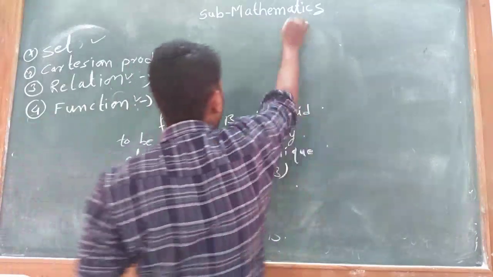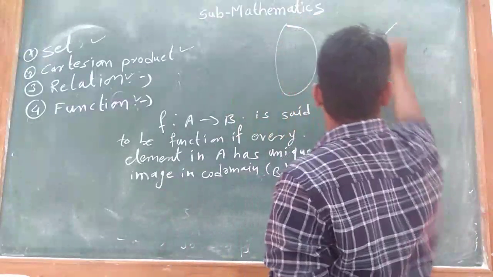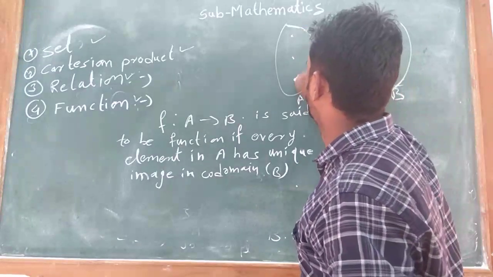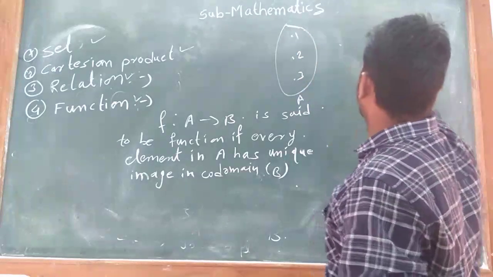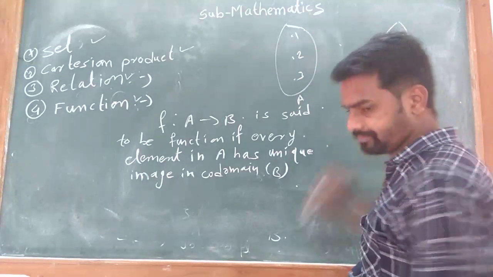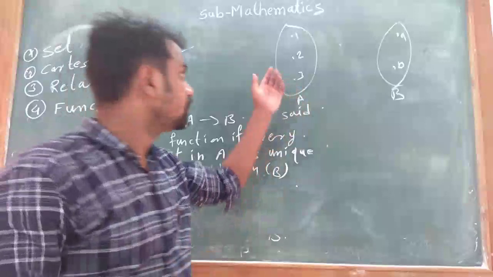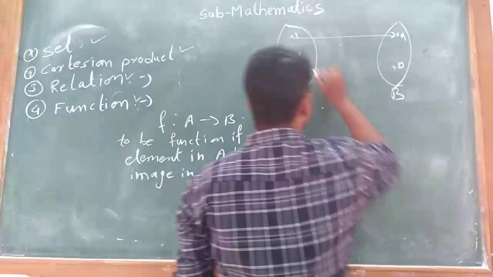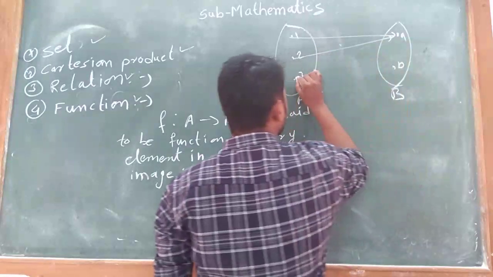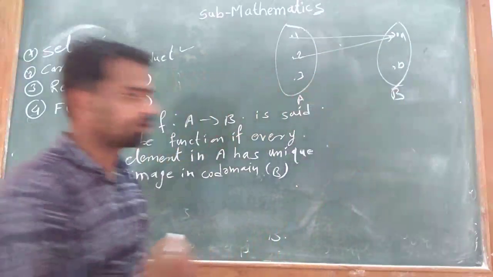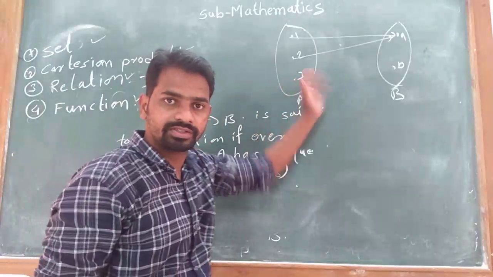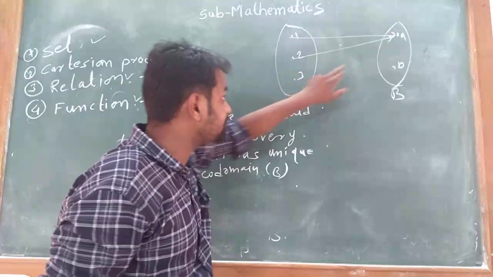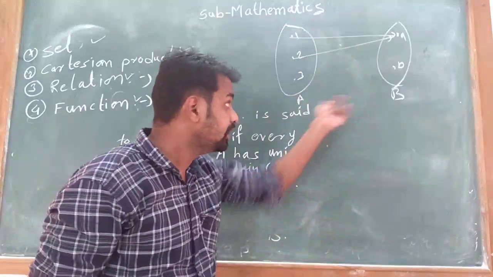It means that by way of a diagram we see set A and set B, 1, 2, 3, A and B. If 1 goes to A, 2 goes to A, and 3 is not going, this is not a function, because here 1 has an image, 2 has an image, but 3 has no image in the codomain.